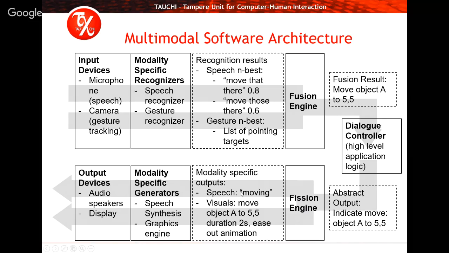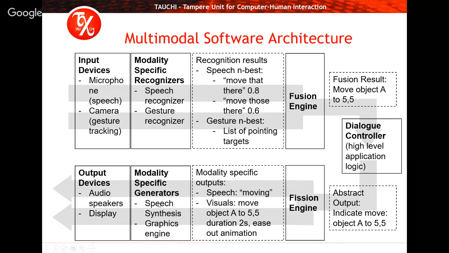It can decide that the system should say "moving" to indicate that now we are moving the object. And then on the visual display, the moving object should be moved to the new location and should be animated over 2 seconds, smoothly moving there. So the fission engine splits the logical output into however many modalities we have.